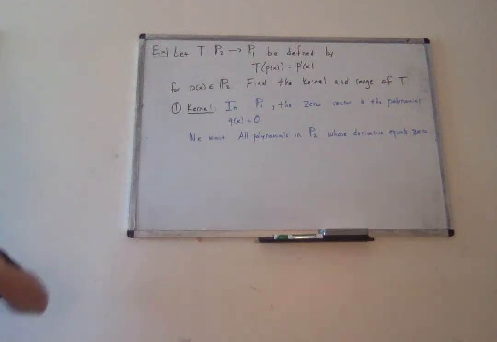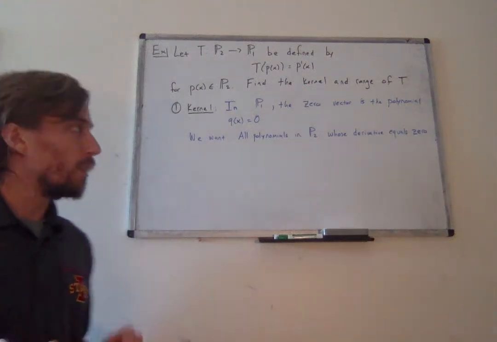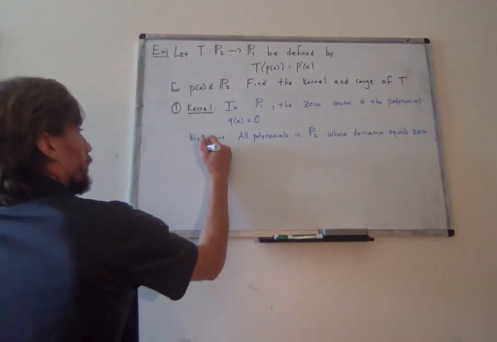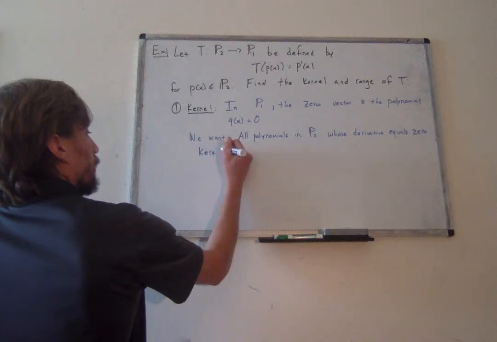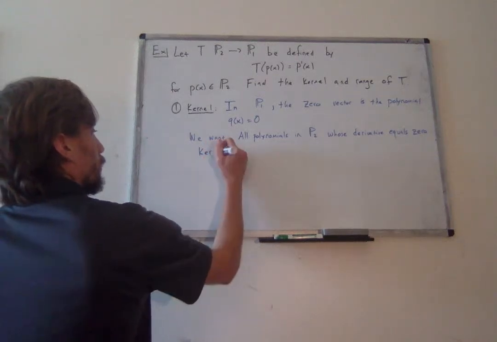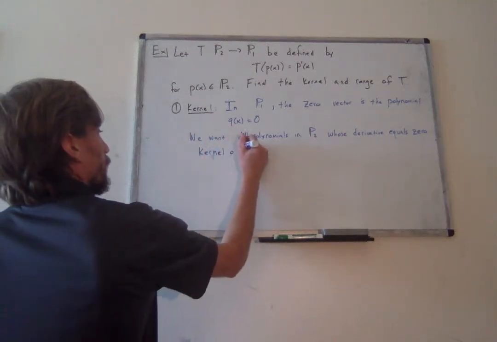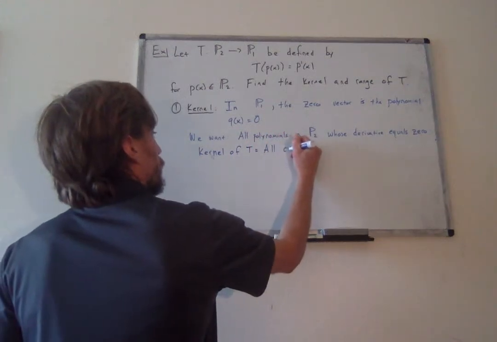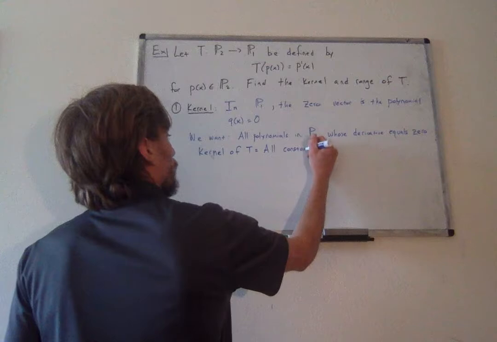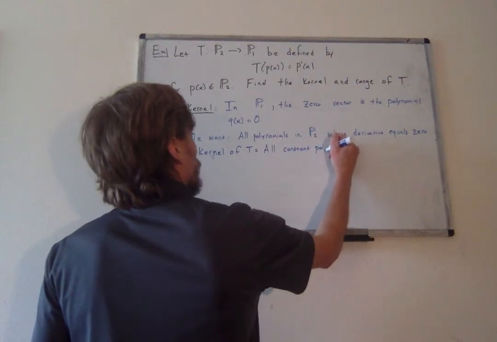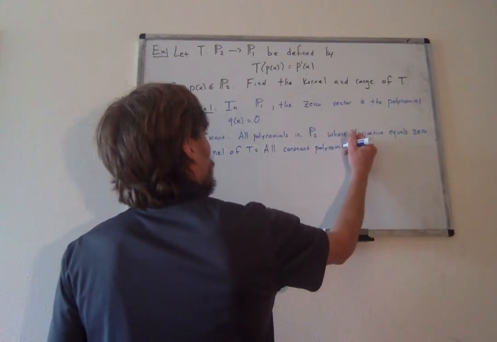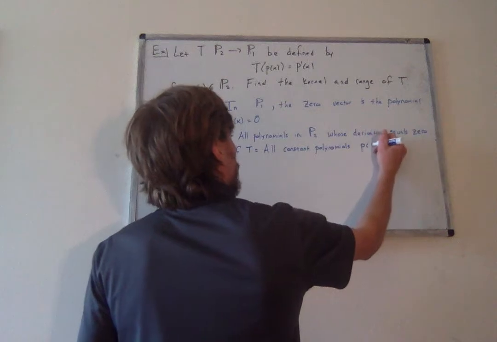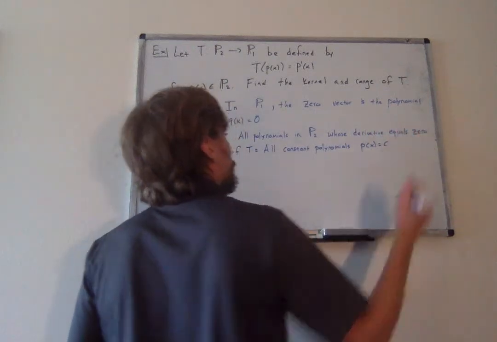Well, this sentence right here tells me exactly what is in the kernel, because we know that this is just equal to all constant polynomials P of x equal to c.